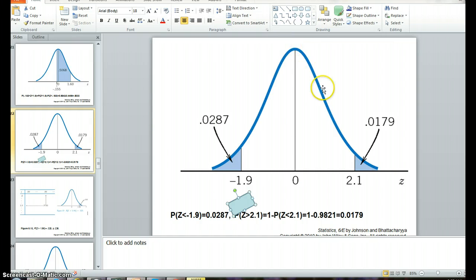Like in the homework they tell you this part is 0.38. Then the other half is 0.5, so 0.5 plus 0.38, which is 0.88, that's the left side area. So you use 0.88, go into the table and find the corresponding z-value. So that's how you do part C.